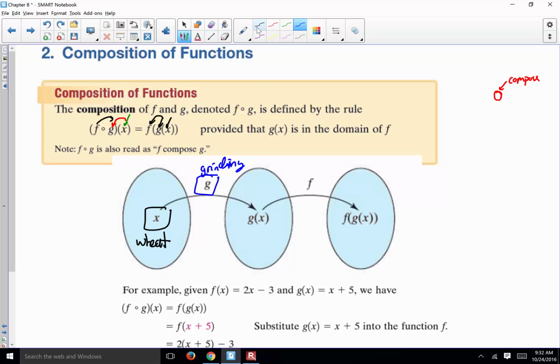Yeah, you get flour. So G is a grinding machine. You get flour, and this flour is supplied into another machine. Guess what kind of machine the second one is? What do you usually do with flour? Throw it at each other? No. You bake things, right? So this is a bread machine.